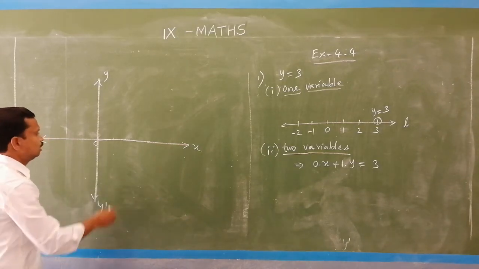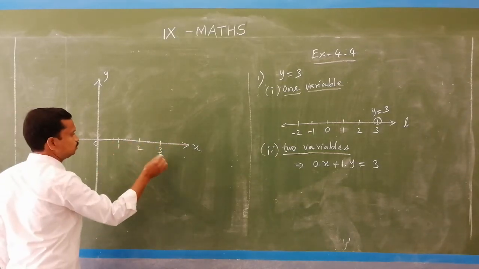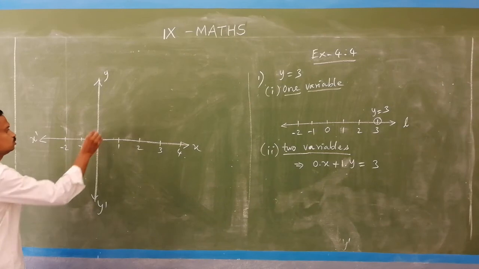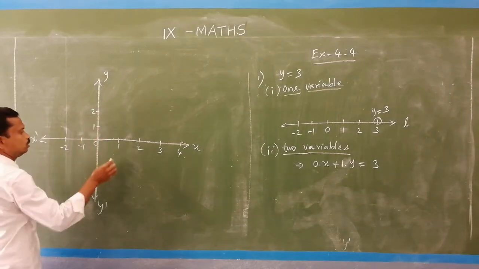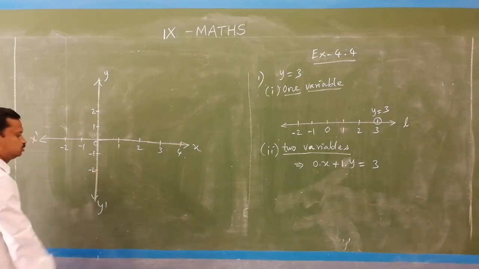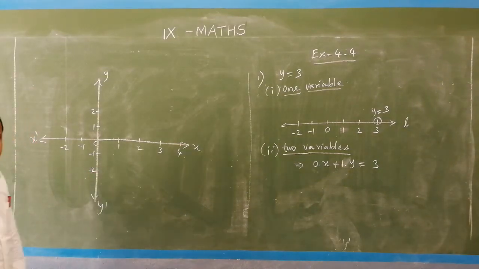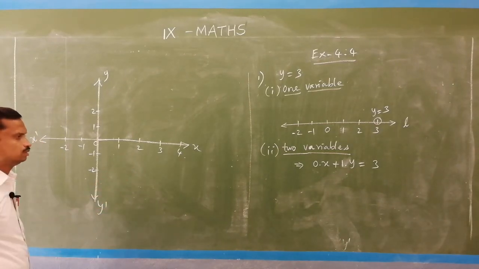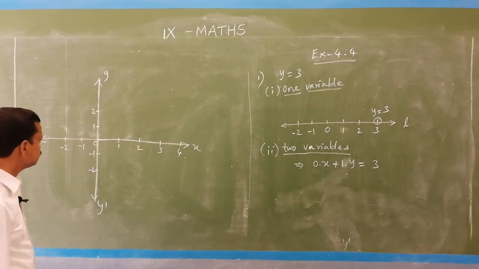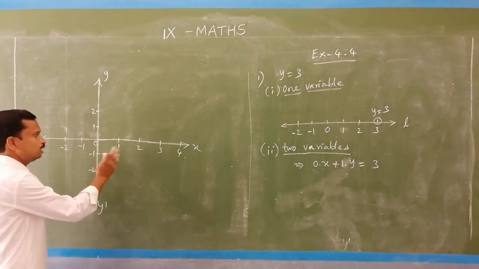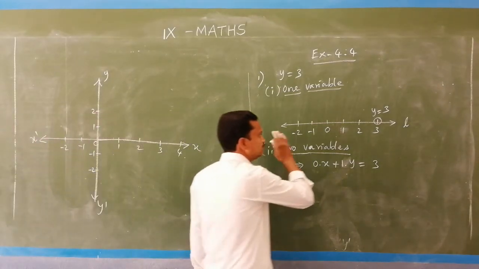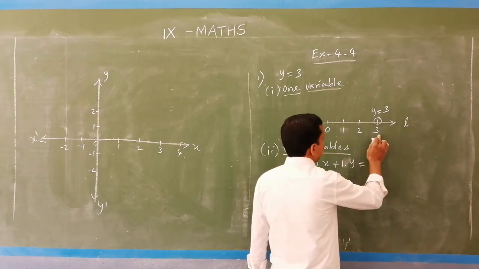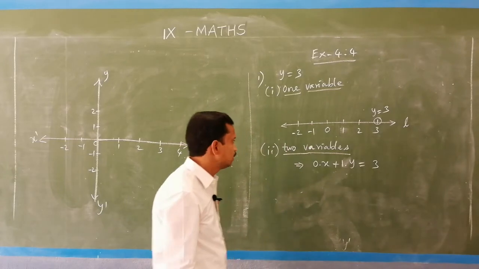So, for that I am trying here 1, 2, 3, this is 4, and here minus 1, minus 2, and here it is 1, 2, and here it is minus 1, minus 2. Okay. So, like that you have to take a Cartesian plane, and now you have to represent that in two variables. So, two variables means x and y. So, for that you have to take the Cartesian plane. If one variable means only one line, that is number line, number line alone is enough, and you mark the value 3 here, and that is y equal to 3 you can say.